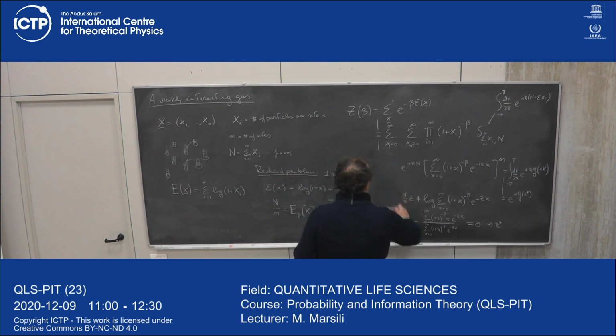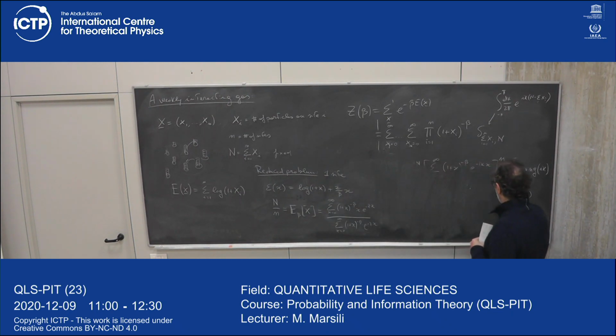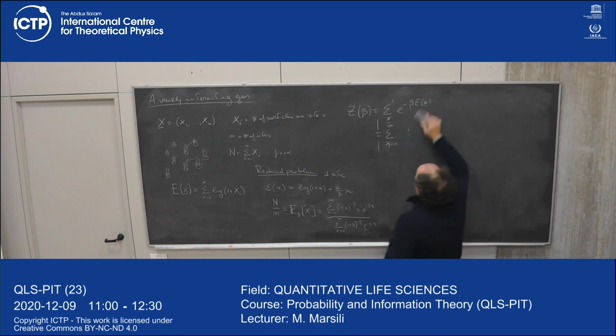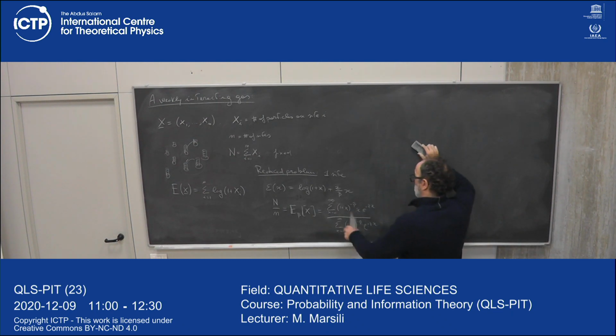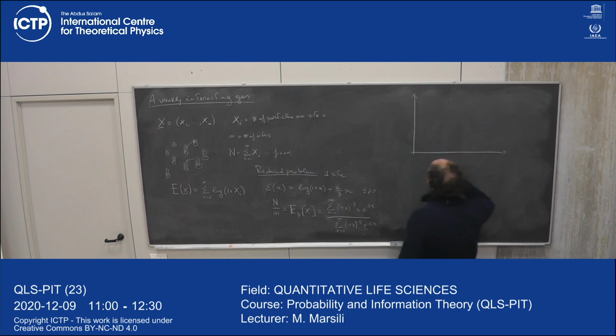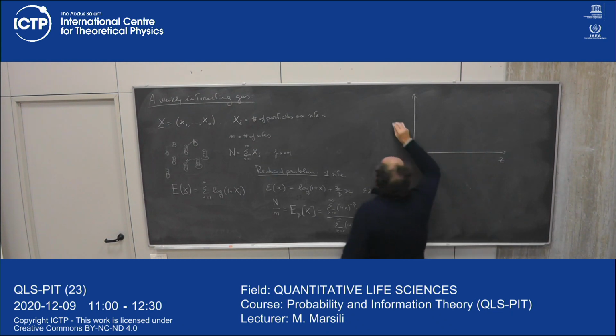What I want to do now is to plot, as a function of z, the right-hand side of this equation, this object here. Of course z must be positive, because otherwise this is going to be infinite. For negative z this partition function does not converge. So let me plot as a function of z this expected value over beta of x.